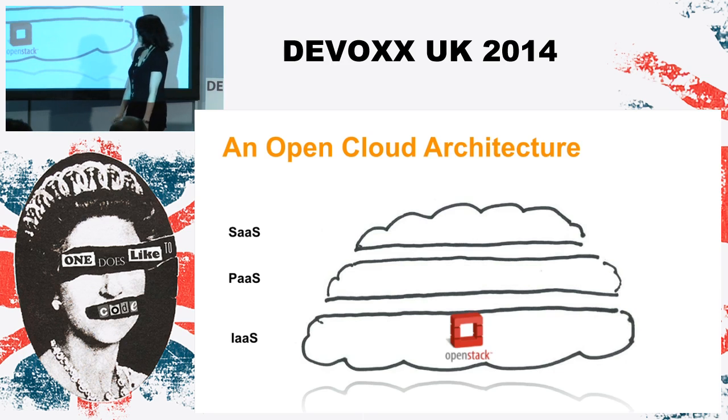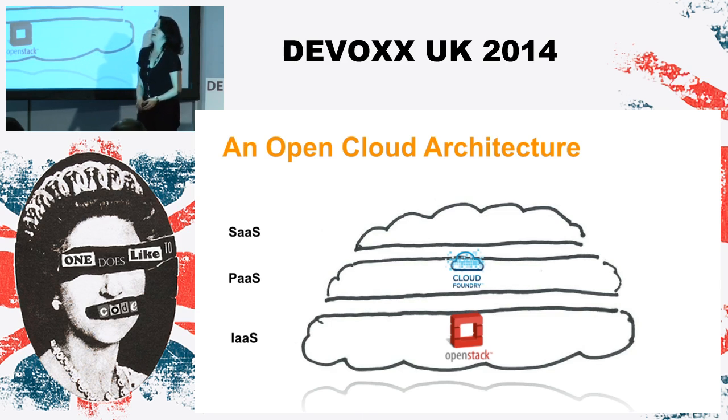So what we've got at the bottom is OpenStack, which, as the name implies, is open. And so this is doing a similar thing to things like VMware, but it's a fully open implementation. At the PaaS layer, there seems to be a lot of momentum building up behind Cloud Foundry.